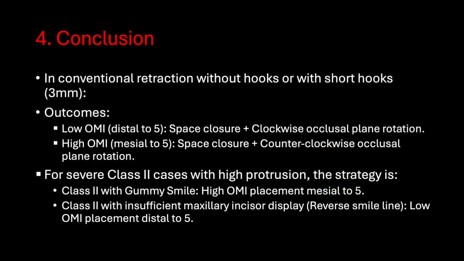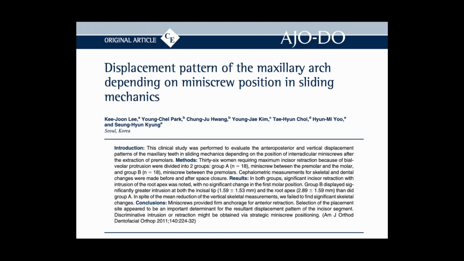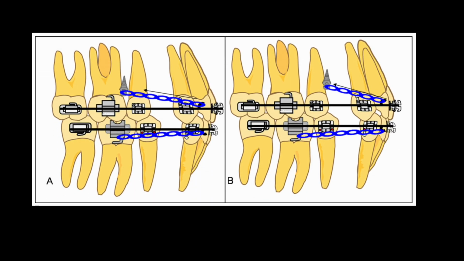To conclude, the height of the miniscrew affects the occlusal plane. The research shows that a low OMI, the miniscrew between the roots of number 5 and number 6, consistently steepens the occlusal plane, and a high OMI tends to flatten or counter-rotate the occlusal plane. On the left is the low OMI, and on the right is the high OMI.